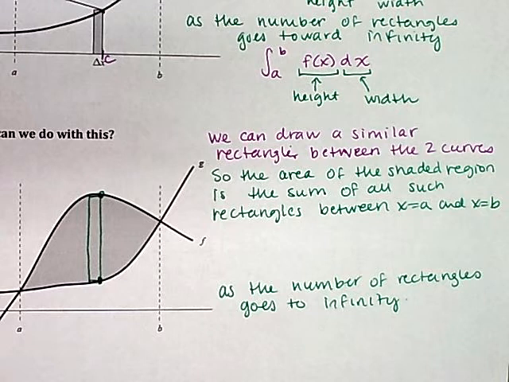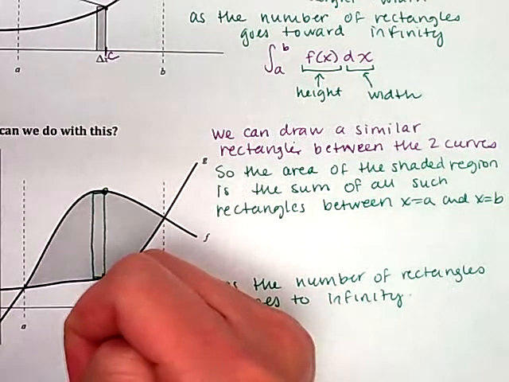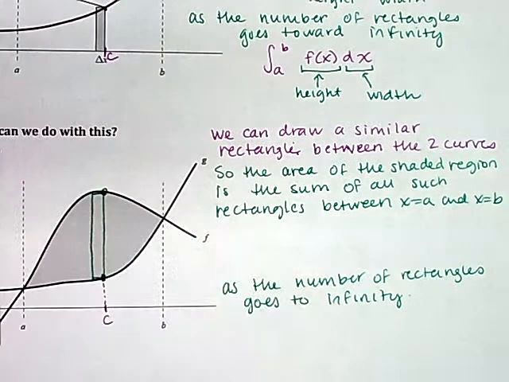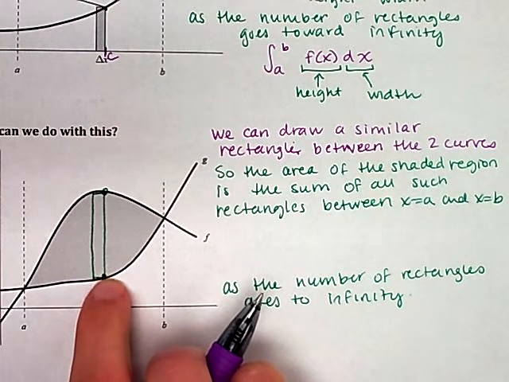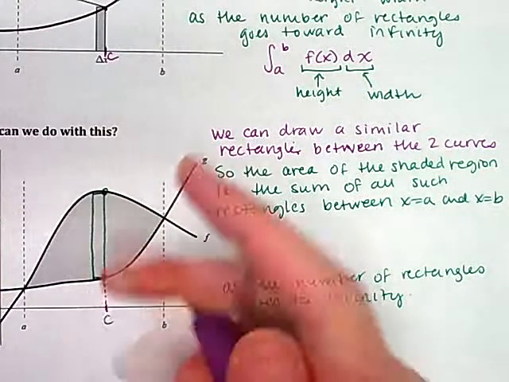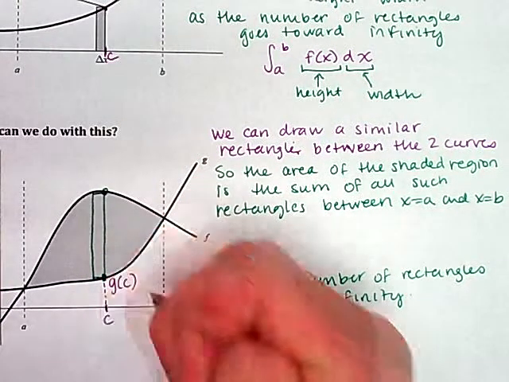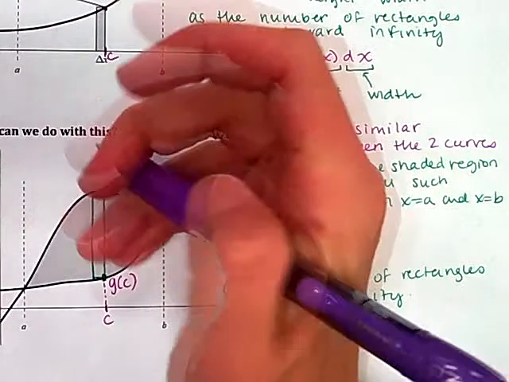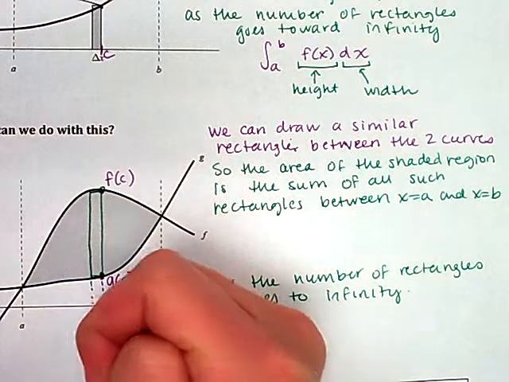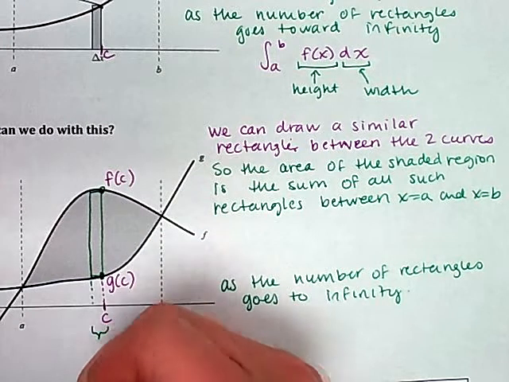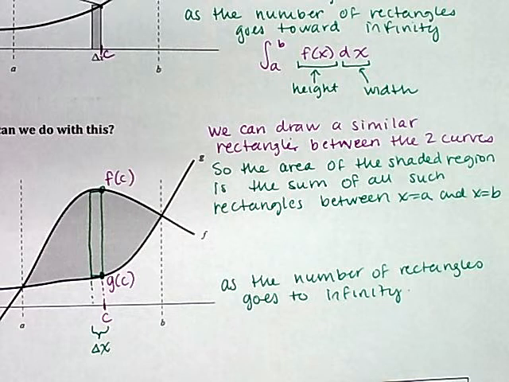Suppose I chose some x value we're going to call c again, in which case the height at this point right here would be, this is on the curve g, so this would be g of c, and then up here would be f of c. And we can still think about the width of the rectangle as being delta x.